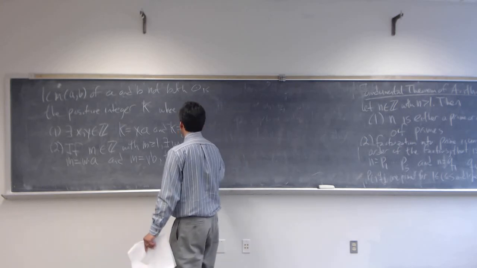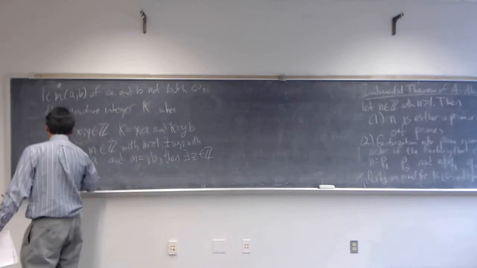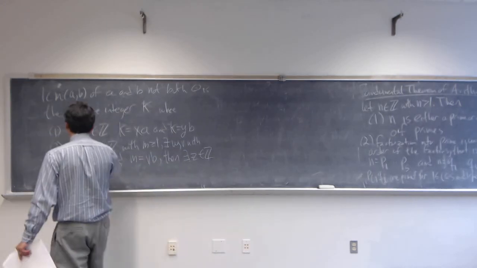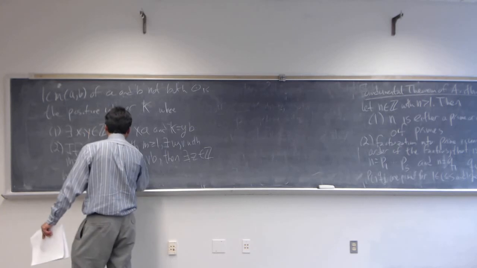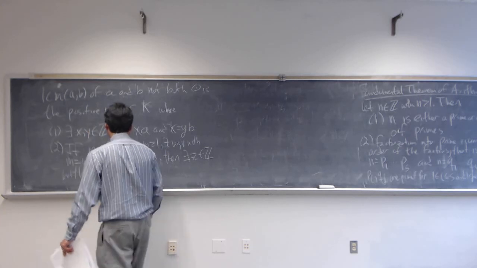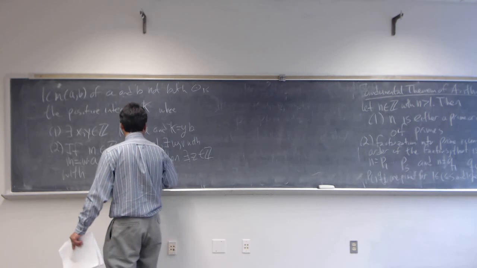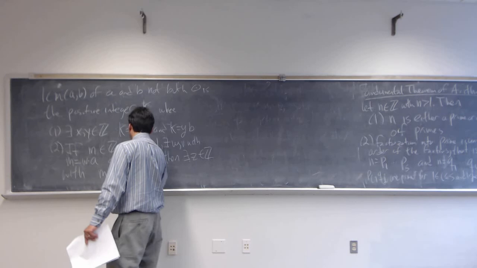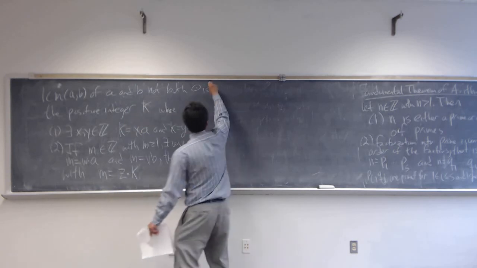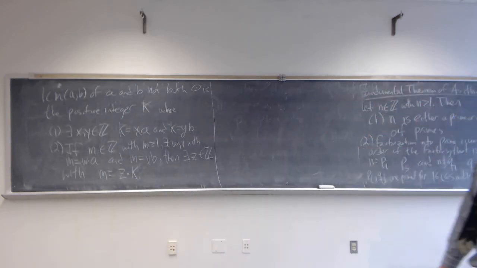So there exists a Z in Z where this common multiple M is just a multiple of the least common multiple. So that's a definition of the least common multiple.